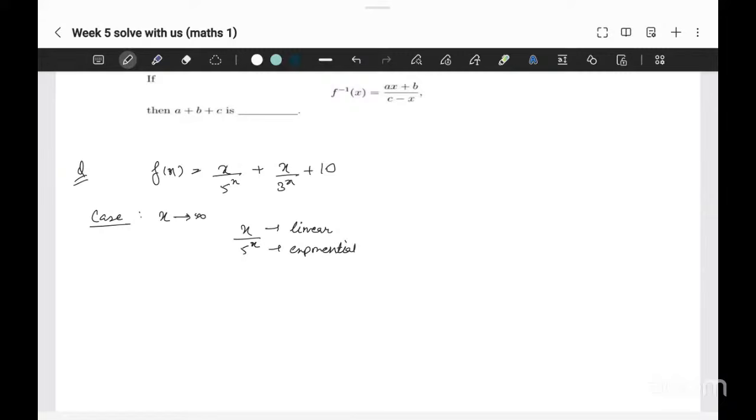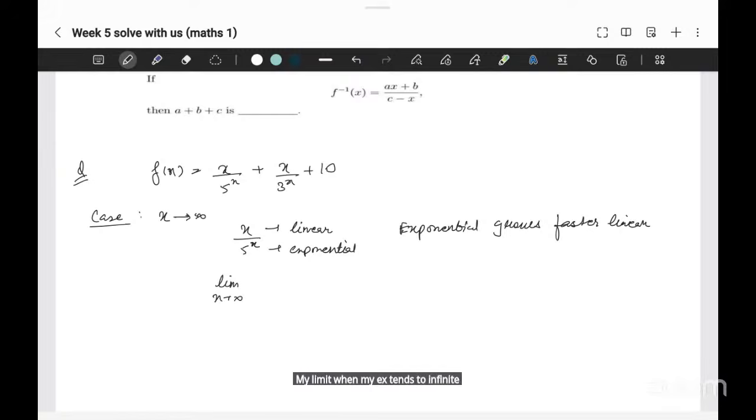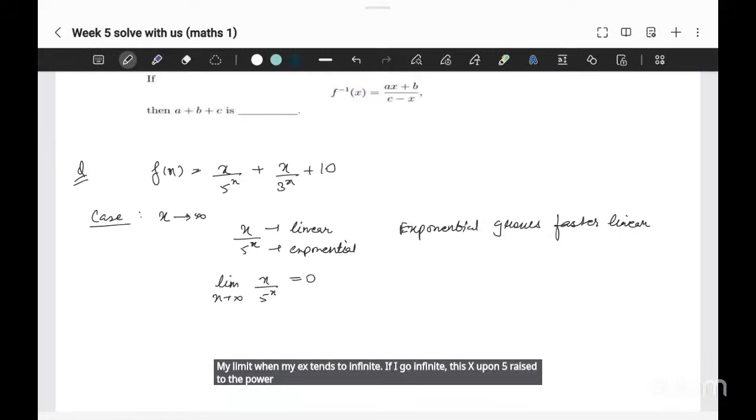Now, if you see here, the exponential grows faster than linear. That means my limit when x tends to infinity of x upon 5 raised to the power x will be equal to 0.